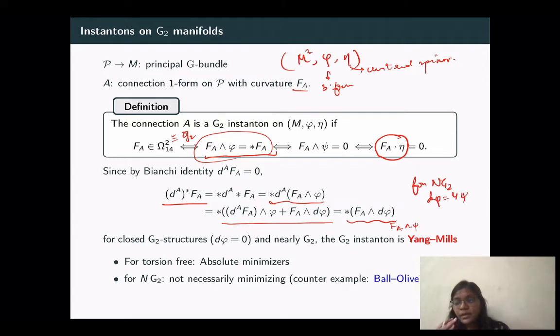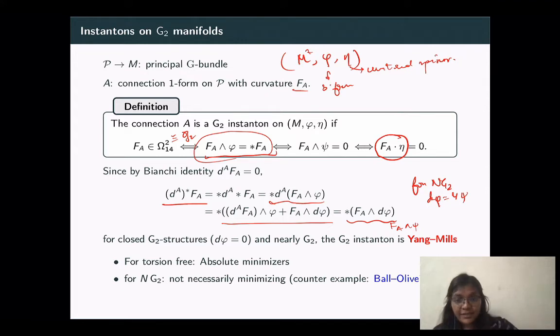So a G2 instanton is Yang-Mills for closed G2 structures and nearly G2. Of course torsion free is included in the closed G2 structure case, so it is Yang-Mills for torsion free, and it's also Yang-Mills for nearly G2, and this is one of the reasons why it is useful to study instantons on nearly G2 manifolds.